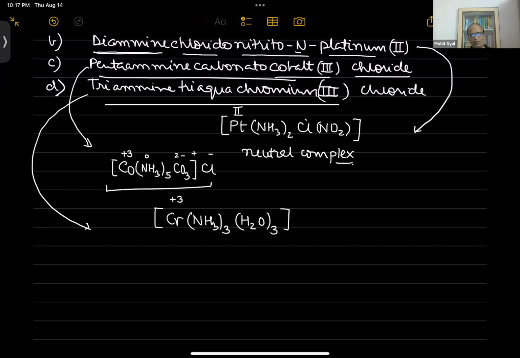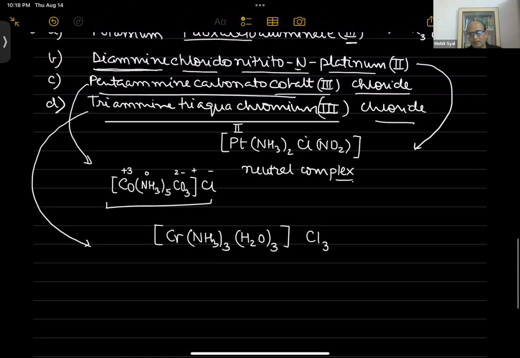This is neutral, this is neutral, the total charge is going to be +3, right? And the anion is Cl minus, chloride. So I need to put 3 chloride ions to balance this +3 charge. Once the formula is finalized, remove these charges. Is it clear? Any doubts in this? Yes. Okay.